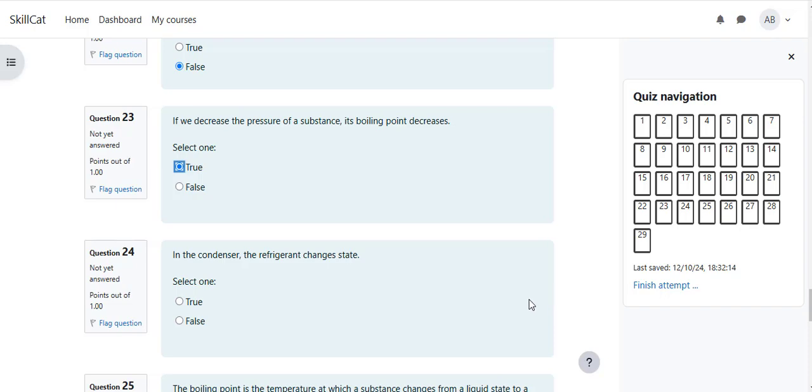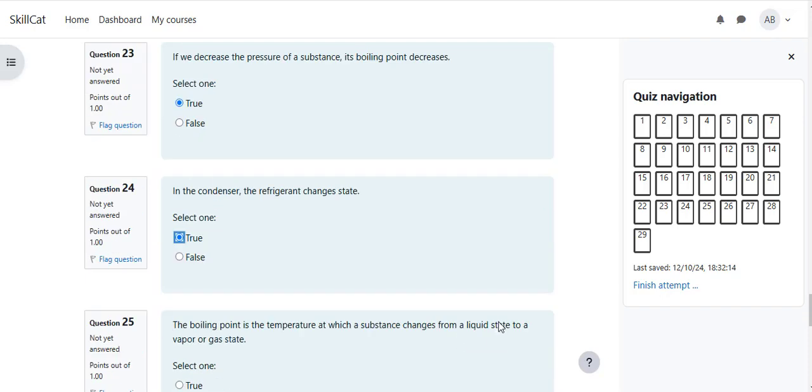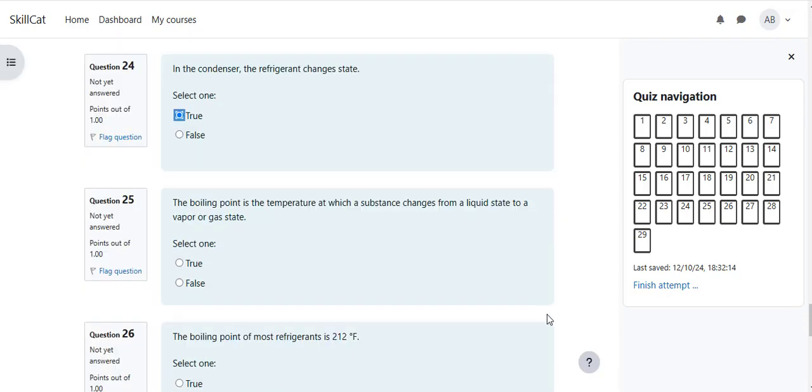In the condenser, the refrigerant changes state. Yes, it changes state. The boiling point is the temperature at which a substance changes from liquid state to vapor or gas.